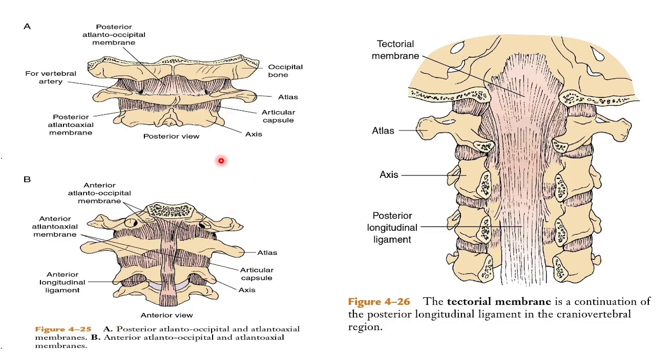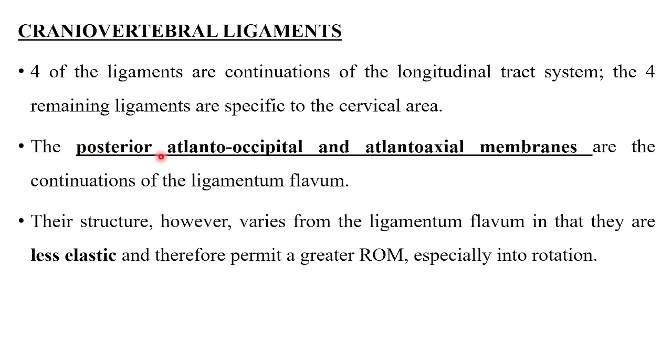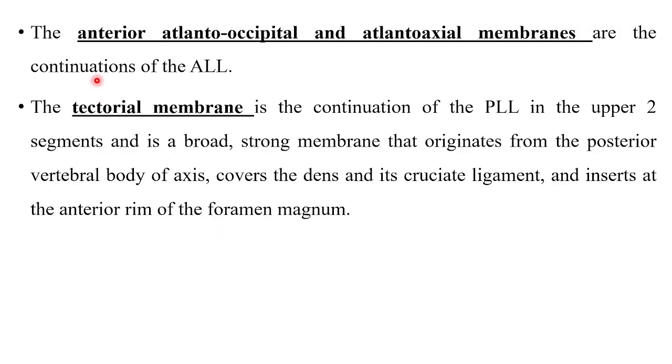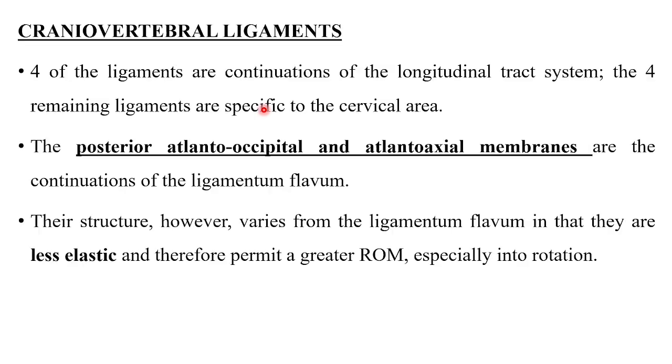So these are the ligaments that are continuations of the longitudinal tract system. That is, the posterior atlanto-occipital and posterior atlantoaxial membranes, the anterior atlanto-occipital and anterior atlantoaxial membranes, and the tectorial membrane. These are the four ligaments that are the extension of the normal longitudinal ligaments in the remaining areas.